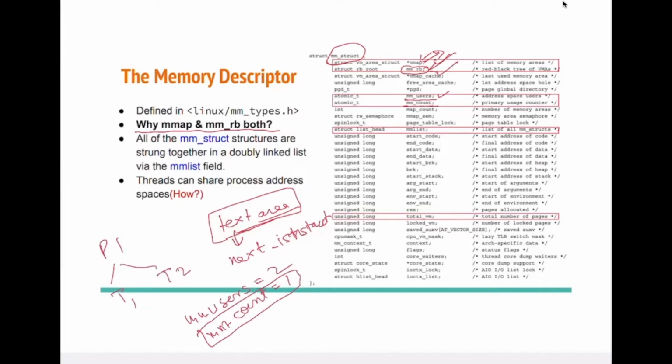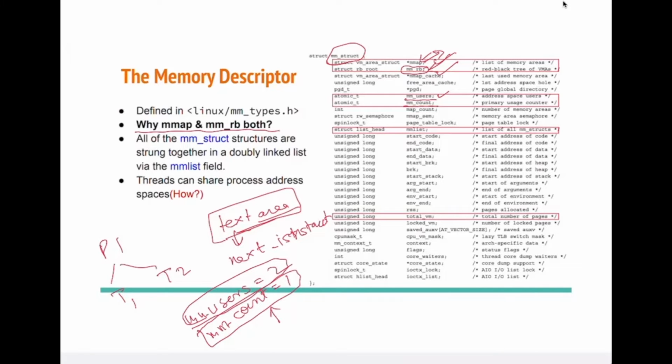If the same area is used by different threads, then we just increment the users field. If multiple processes are using this particular memory area, then we increment the count field.